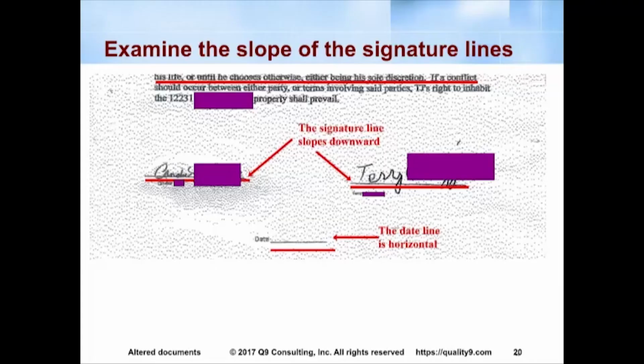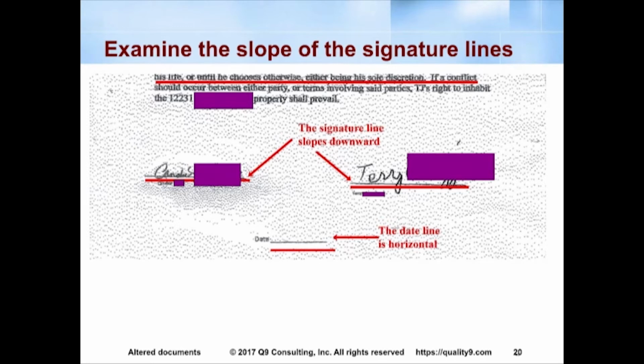Let's look more deeply. On the signature lines here, notice that they're not even horizontal. They're not straight. They dip down. What that says is that whoever did this probably used the old cut and paste method, actually cut out signatures, put them on here, thought they were nice and straight, made a photocopy, and here we go.